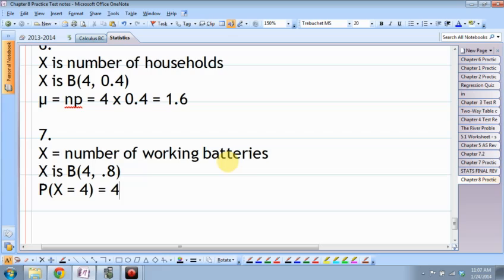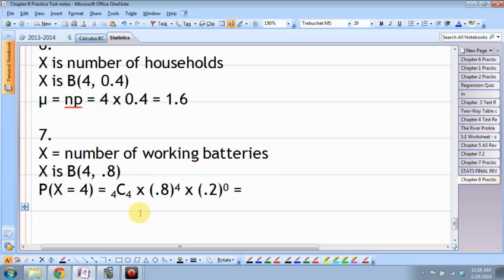Okay, so this is 4 choose 4, times probability of success, 0.8 to the 4th power, times probability of failure, 0.2 to the 0th power. Okay.